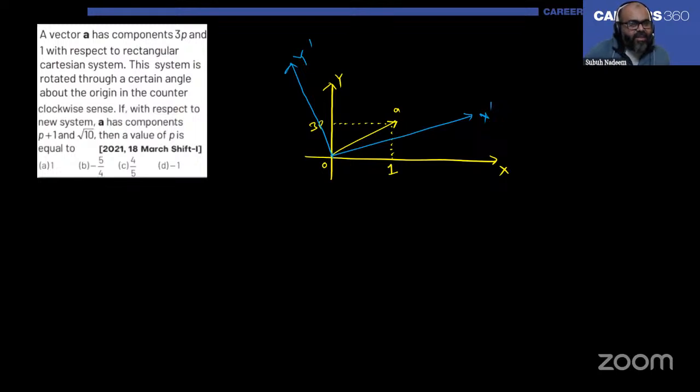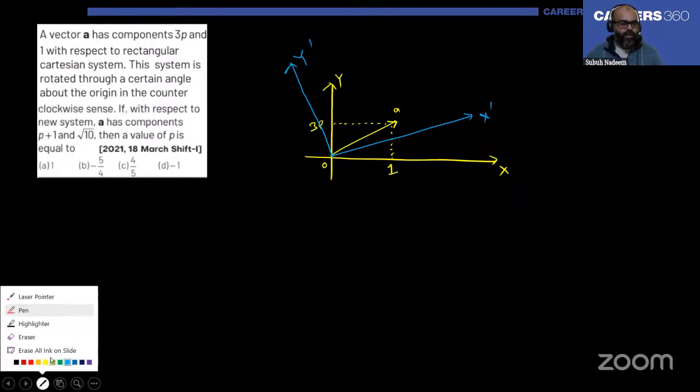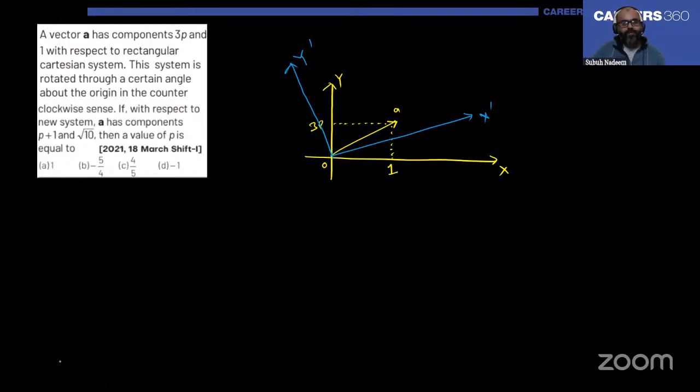And in that case, the components of vector A are p plus 1 and root 10. This component is p plus 1 and this component is root 10. Then the value of p is equal to. So they are asking what is the value of p.